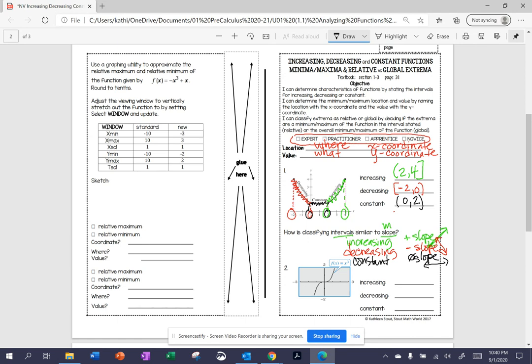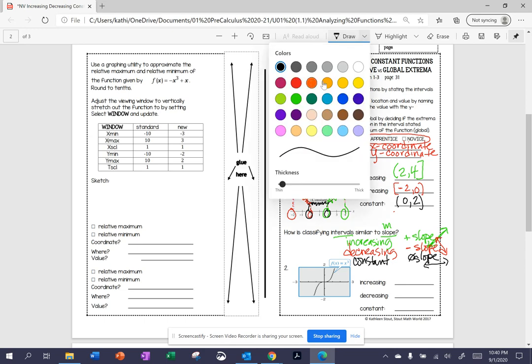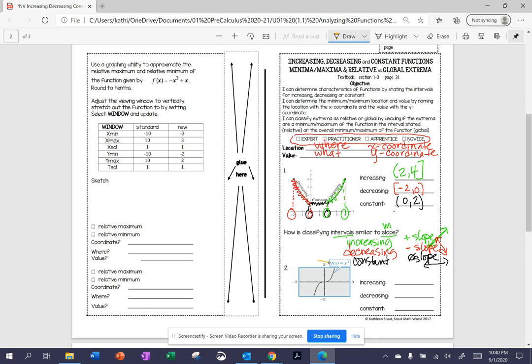Okay, so if this was our calculator and we're looking at an example of this function, f of x equals x cubed, where would we describe increasing, decreasing, and constant? So this is our parent function that is cubic. And if I really look at it, I'm increasing.